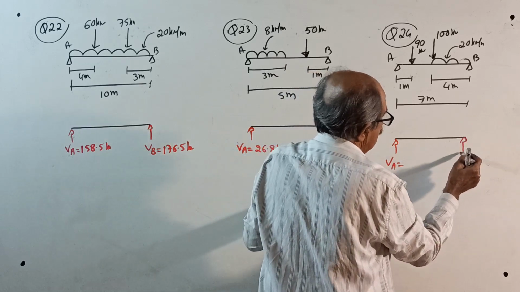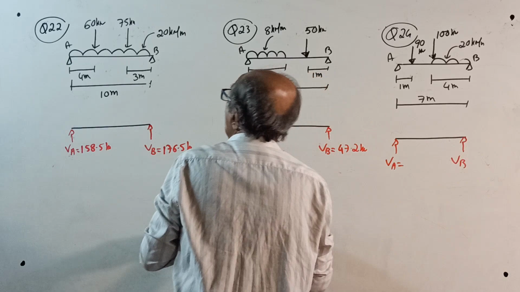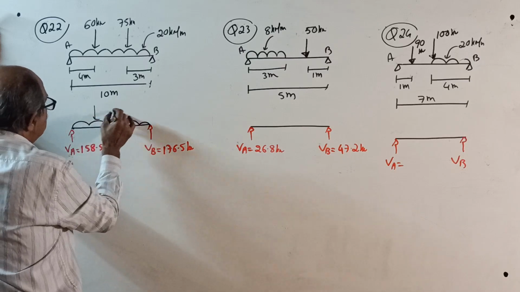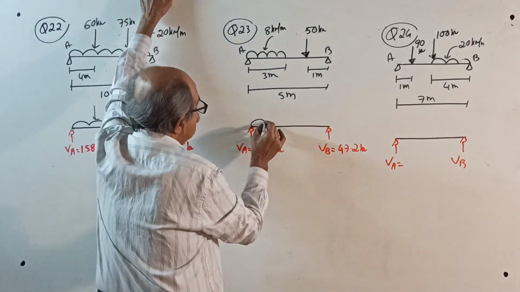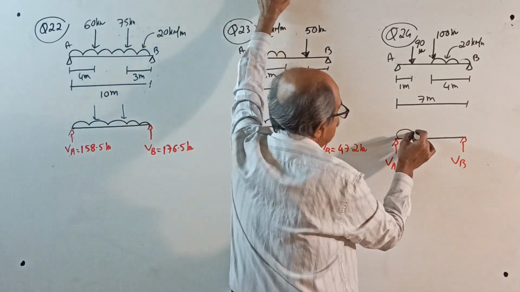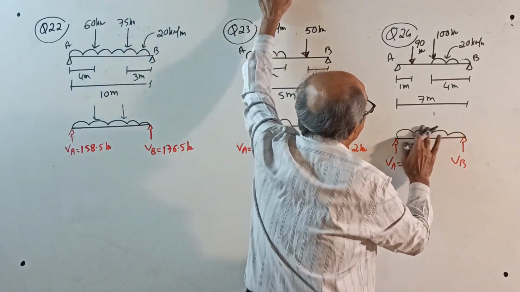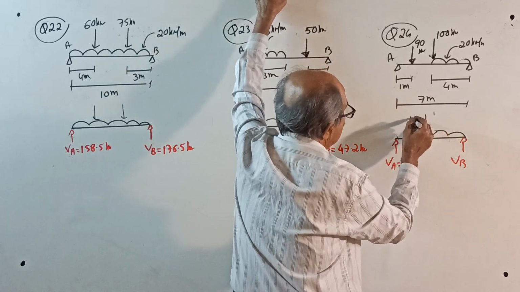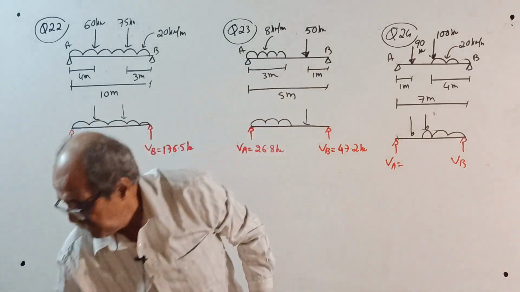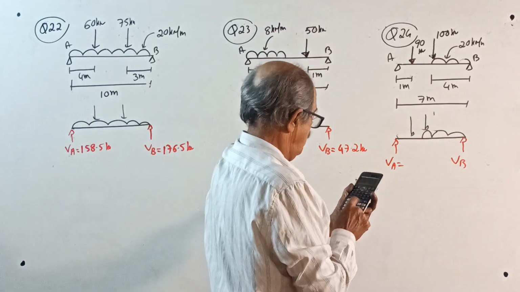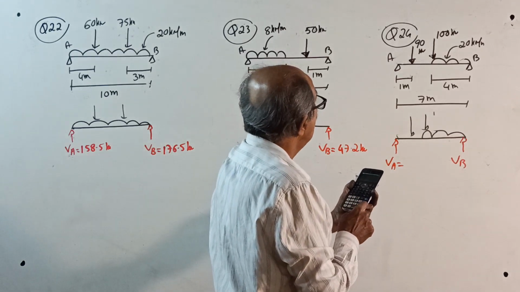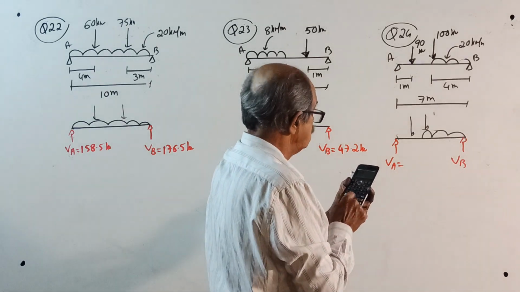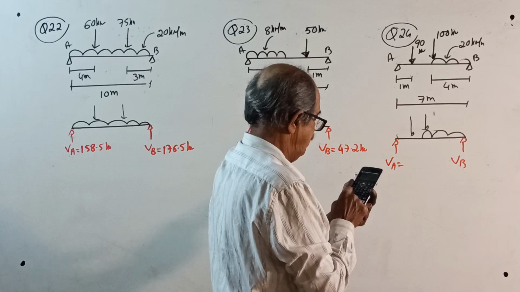VA equal to VB equal to, I forgot to write the loading here. See, actually not required. Usually I show the loading just to give respect to the subject. 90 plus 300 plus 24 into 5 divided by 7.